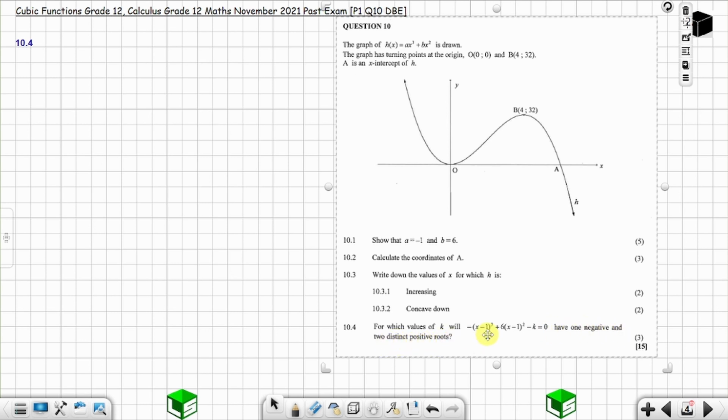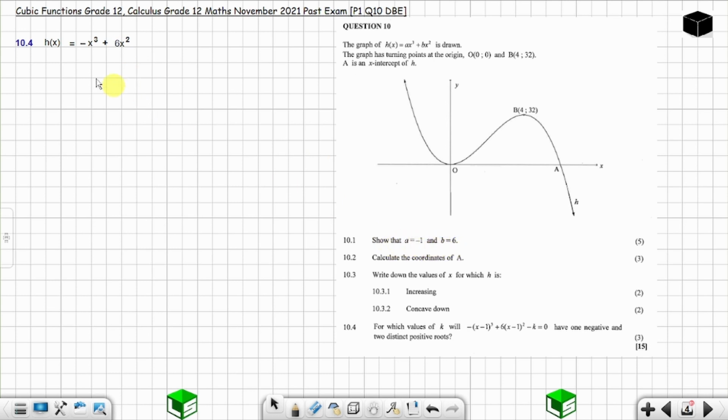When you check this equation and the equation of h of x, there is actually a translation that took place from this to this. Let me write down the equations so that you can see what happened. h of x is equal to this, where a is negative 1 and b is 6.